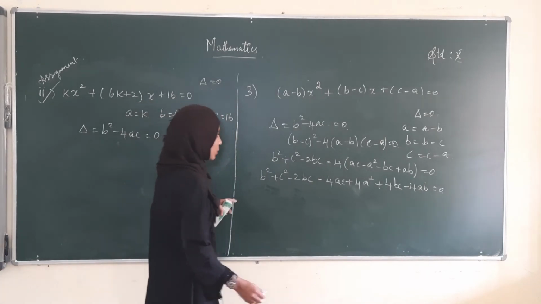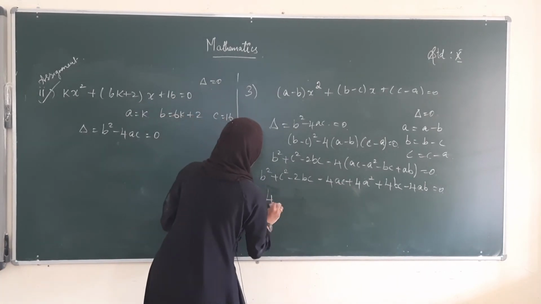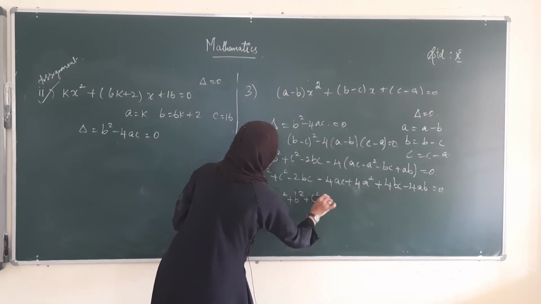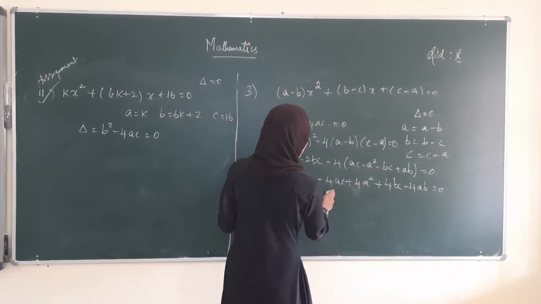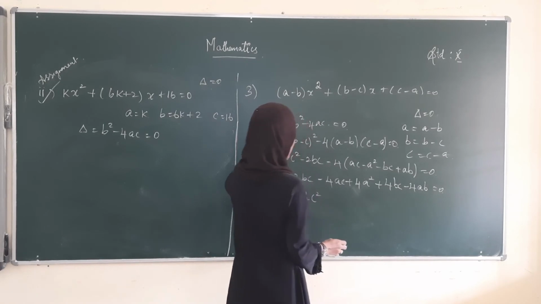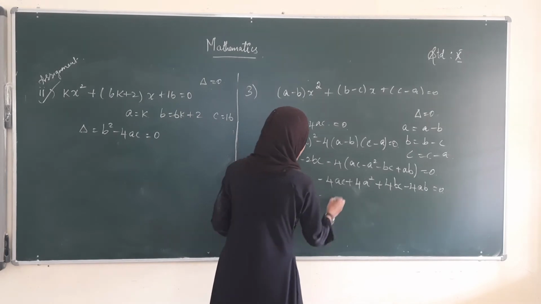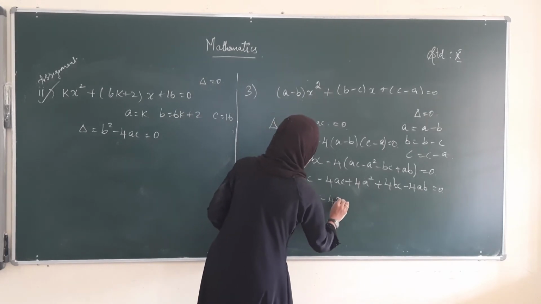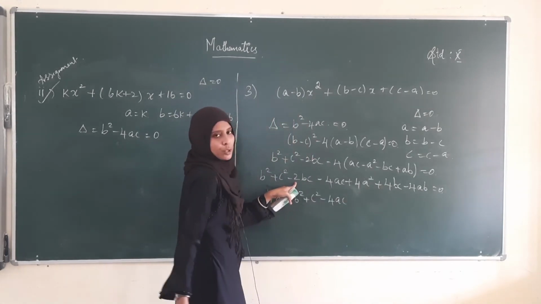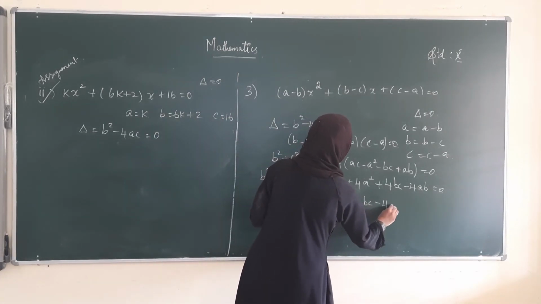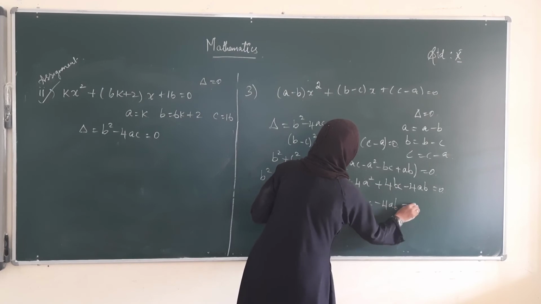Now arrange the terms: 4A square plus B square plus C square. Here we have minus 2BC, here we have plus 4BC, minus 4AC. Plus 4BC minus 2BC we get plus 2BC, minus 4AB equal to 0.